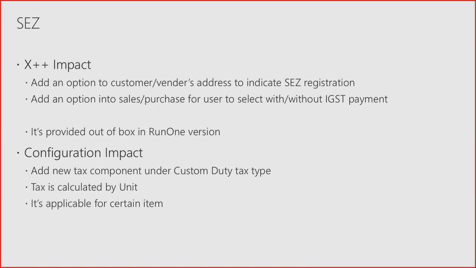That is also acceptable. And also another change is we have two ways to make sales to SEZ. So we need to add an option for you to decide whether you want to make a sales to SEZ with payment or without IGST payment. So we also need to add an option to sales or purchase dialog box or form to let the user decide which way he wants to make supply to SEZ.